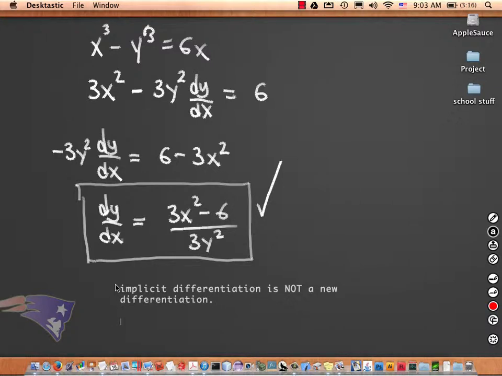It's not a new differentiation. The only difference is that we do not know y as a function of x explicitly.